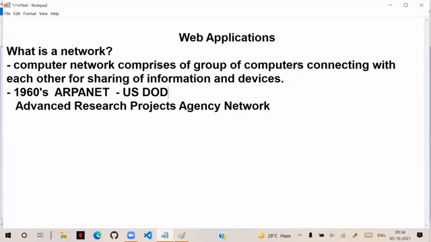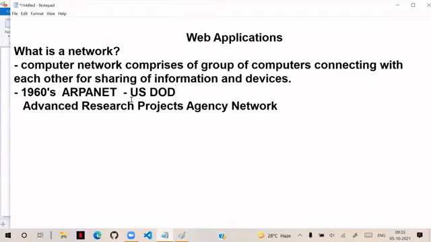The first computer network was ARPANET, the Advanced Research Projects Agency Network. After that, internet came.